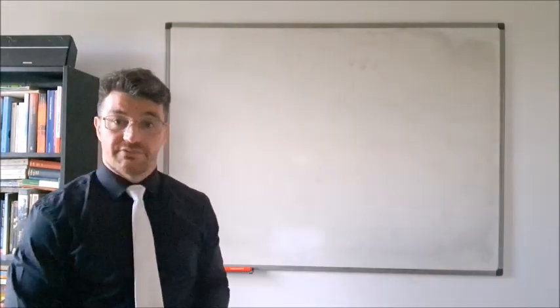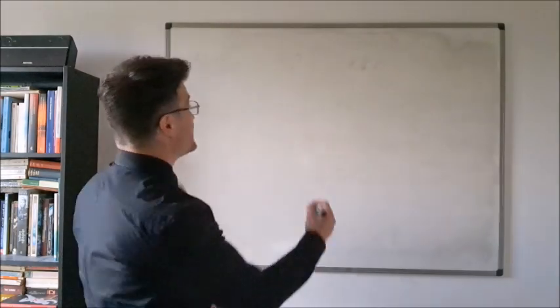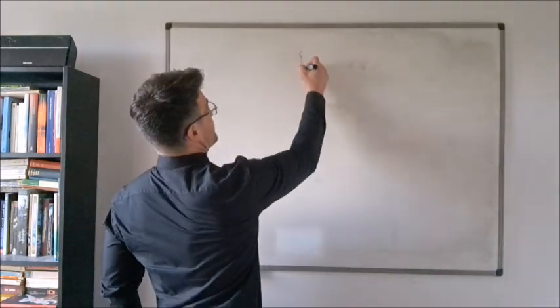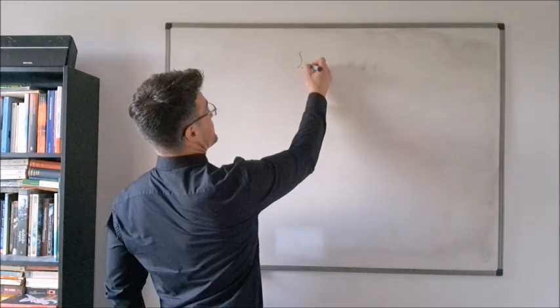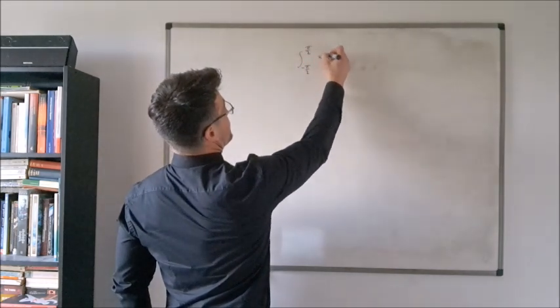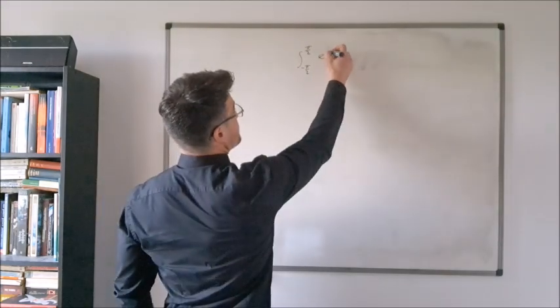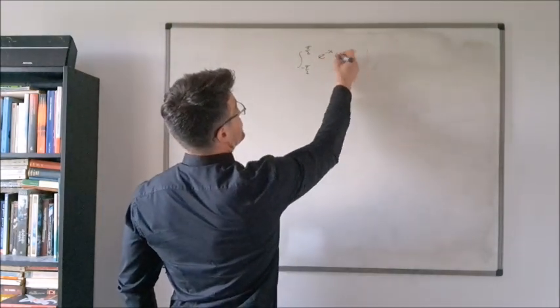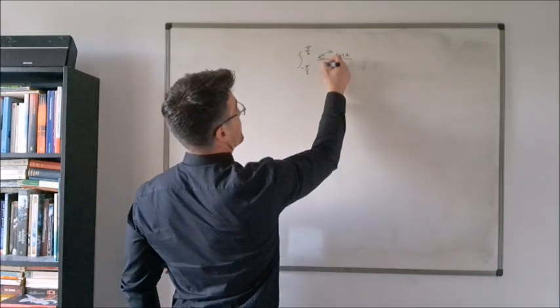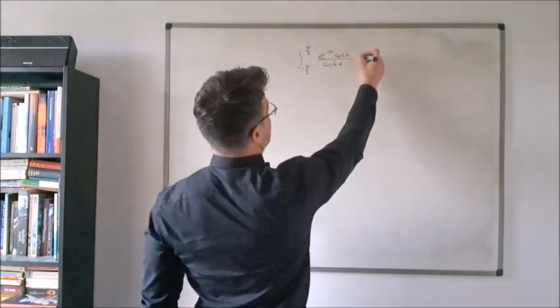Here we arrive at the final part of this question, which is we need to find the exact value of this integral: the integral from minus pi by 2 to pi by 2 of e to the power of minus x cos x over, let me get it right, hyperbolic cosine of x.